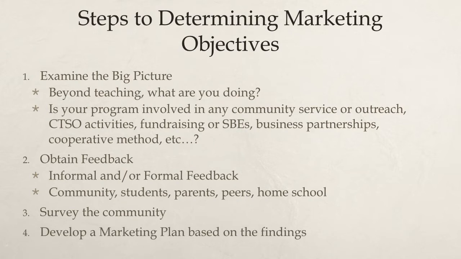Once you have adequate feedback, then you can start thinking about developing a marketing plan based on those findings. If you don't take these necessary steps to determine your marketing objectives, then you're really just shooting in the dark. You're not sure where it's going to hit.